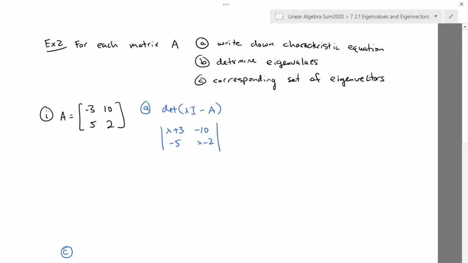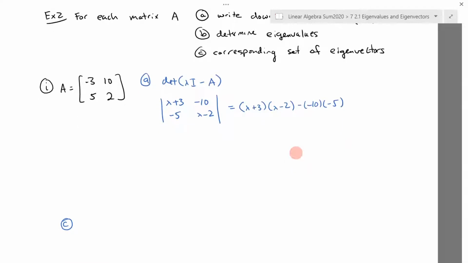Okay, so now we have to take the determinant, and it's a 2x2 matrix, so we just do AD minus BC. Right, so lambda plus 3 times lambda minus 2, minus negative 10 times negative 5. Okay, so let's expand this out.